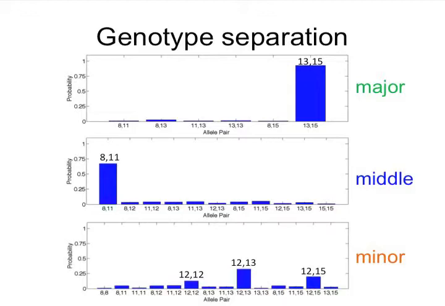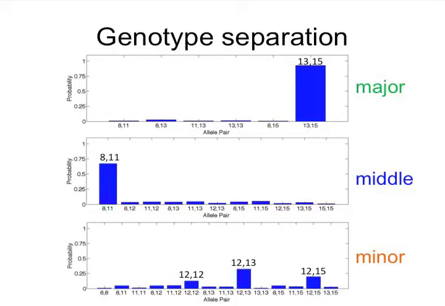So the certainty level has decreased slightly, and it's giving probability to basically 3 possible allele pair values. And what you'll see is, although the minor is the most diffuse, it's still concentrated on some areas.